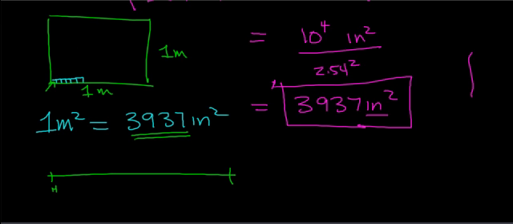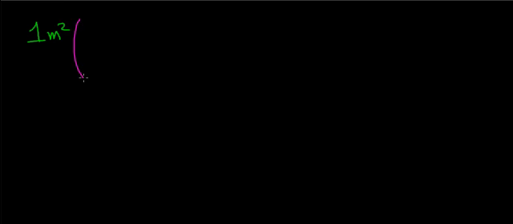Now, there's one last thing I want to say about this problem, because we did it in two separate steps. So I'd like to do this problem in two steps back to back. I said I had 1 meter squared, and I'm going to do all of the conversion steps in one quick part.